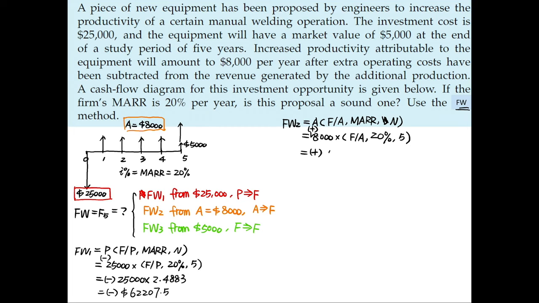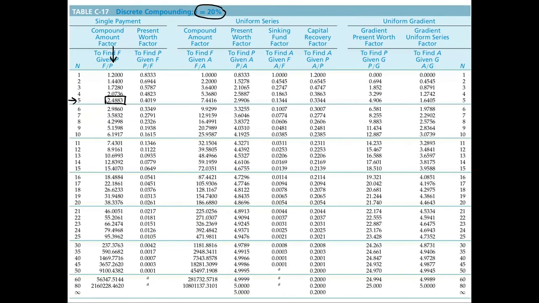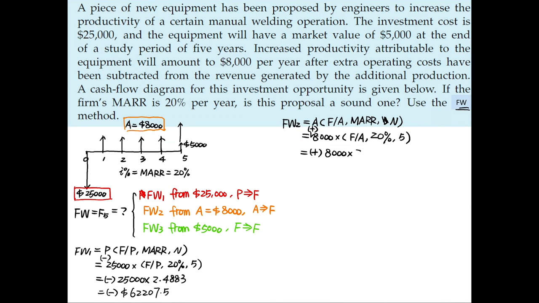We've got to find this factor. It's F/A, so it's this column, and n is 5, so this is your factor: 7.4416. So the final result of this part is 59,532.8.